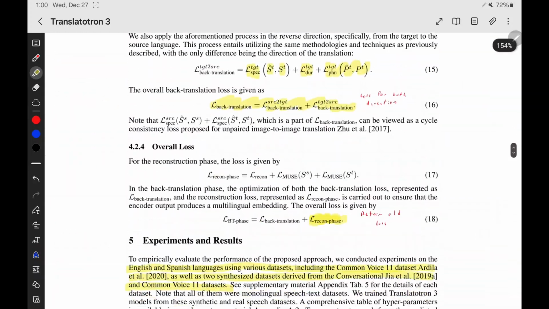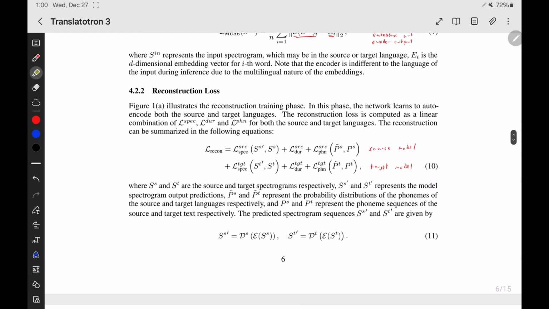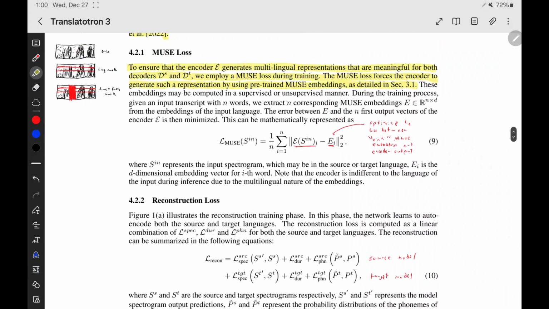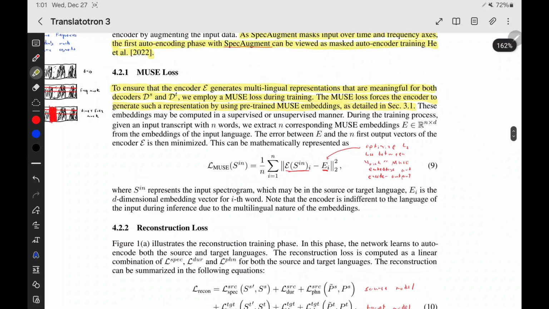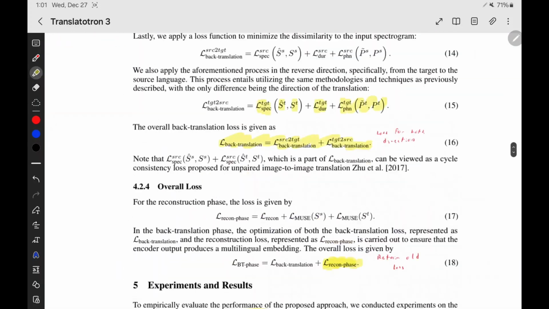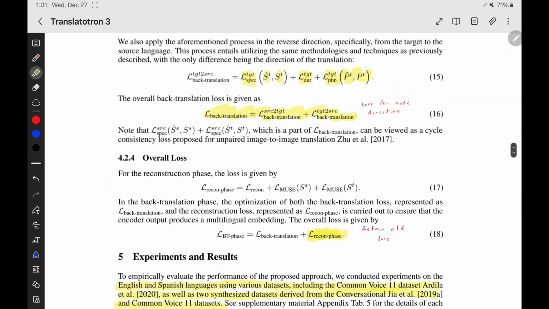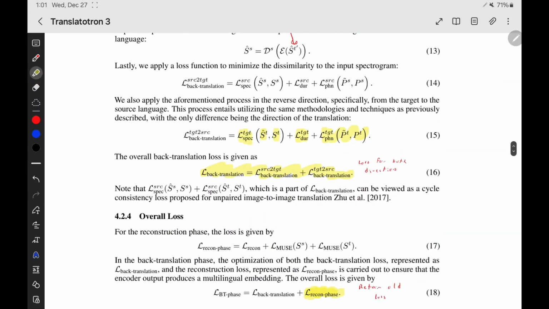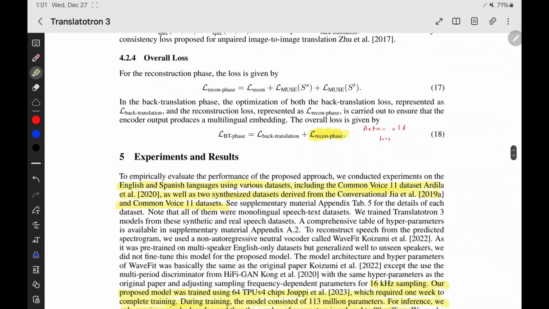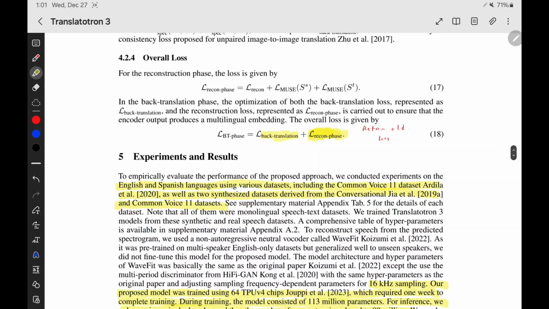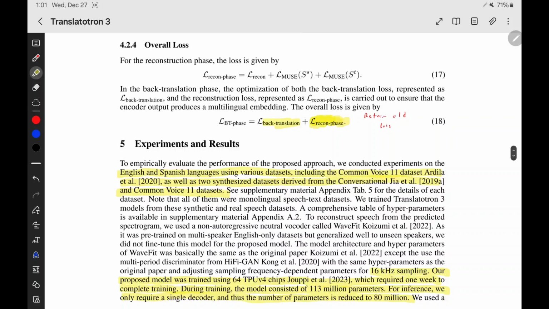You keep the losses you had before in order to keep it producing the spectrograms it did before. I think they say that down here somewhere. But that's the idea. You keep those old losses so that it retains its behavior. And then you have the back translation loss. So that's pretty much it.